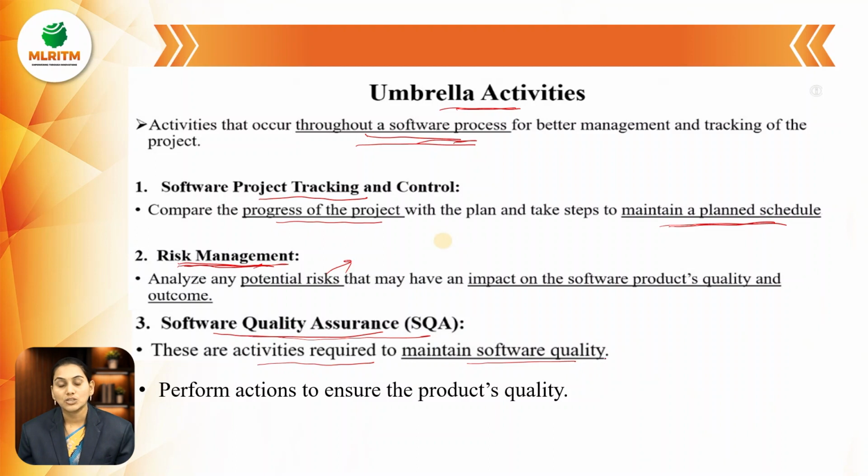These are activities required to maintain software quality. Perform actions to ensure the product quality. So software quality assurance is nothing but testing the software quality, and ensuring it by conducting activities and actions to maintain it.